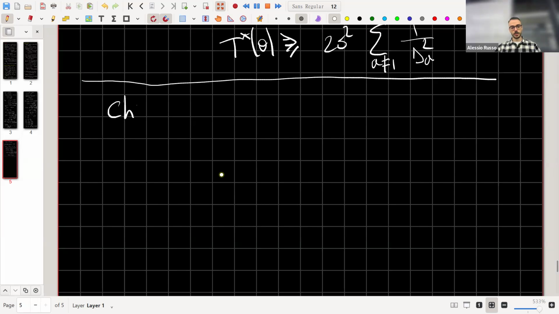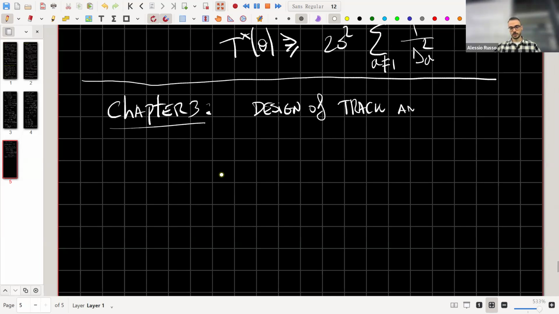So chapter 3 is about the design of Track-and-Stop. Track-and-Stop is an algorithm inspired by the lower bound, which means exactly what I just told you before.